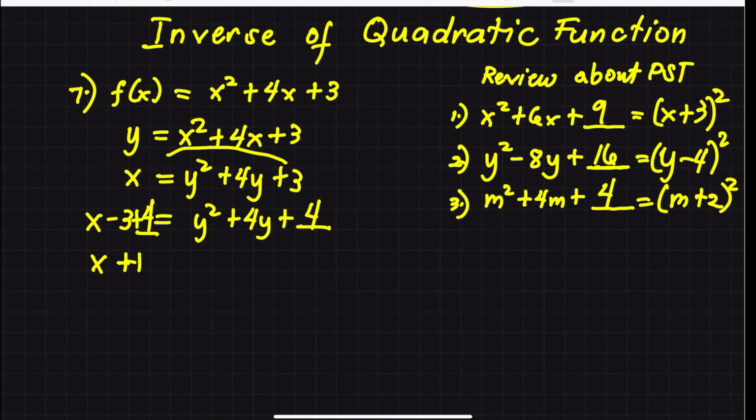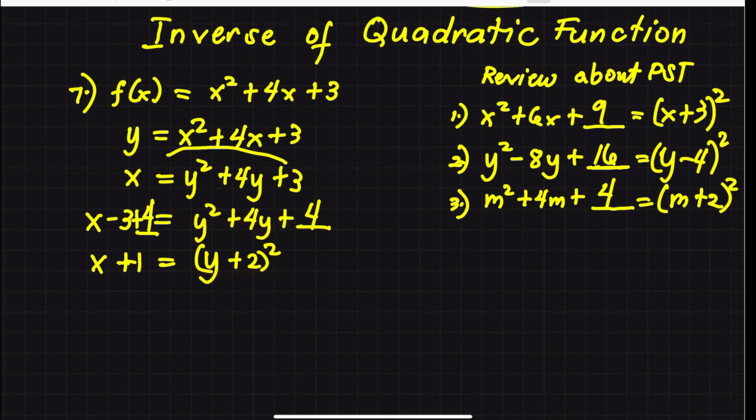So, x plus 1 equals, i-factor naman natin to. Since ito ay perfect square trinomial, magiging (y plus 2) quantity squared. So, square root ng y squared ay y. Square root of 4 is 2. Since ito ay plus, plus na to.